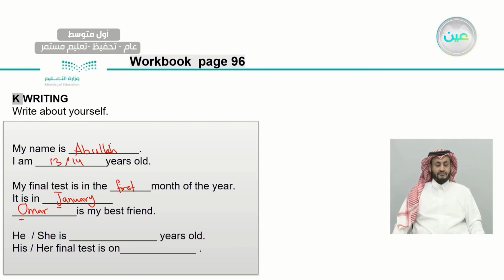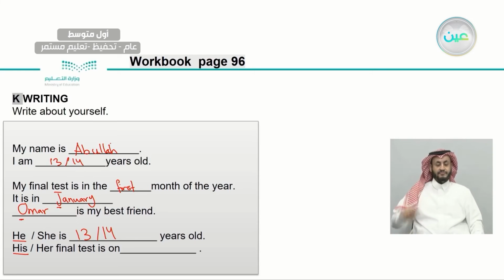He, she is, because I was talking about a boy, so I would choose he. He is ... years old. They are friends, so probably they are the same age. They are 13 or 14 years old. His or her final test is on, I'm going to choose his because I was talking about a boy.